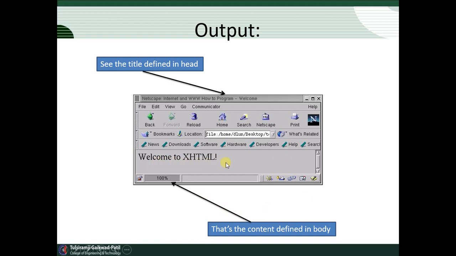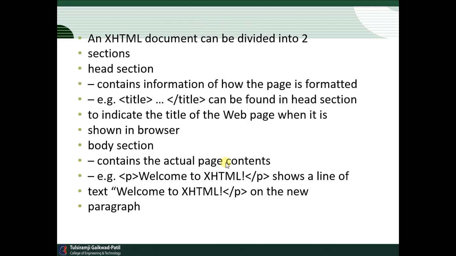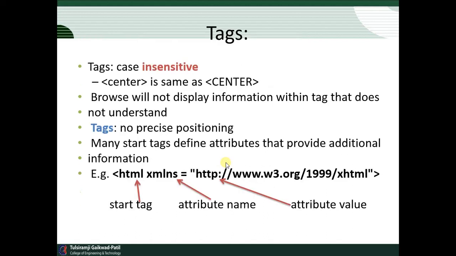It is the output of that given code. Now, an XHTML document can be divided into two sections. Before, we discussed the head section and title section, and the second is the body section. These are very important sections.